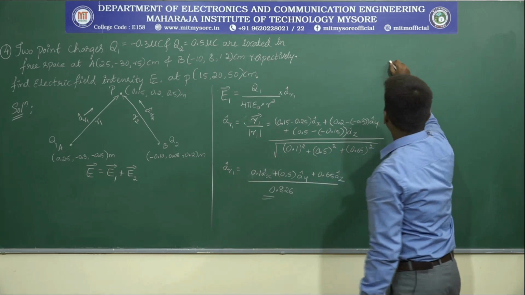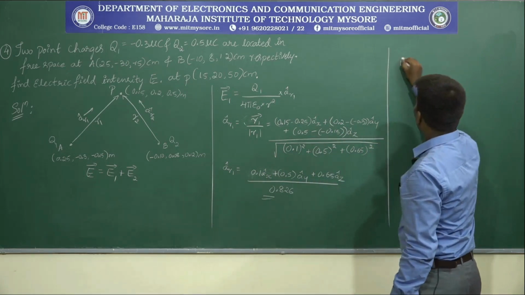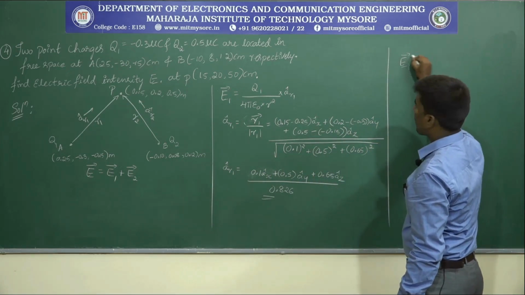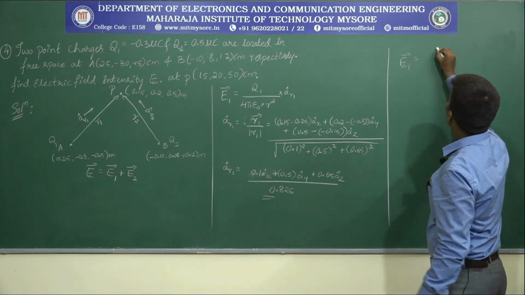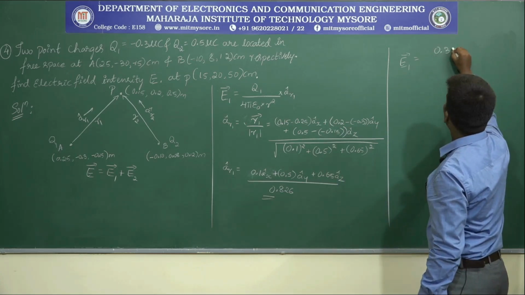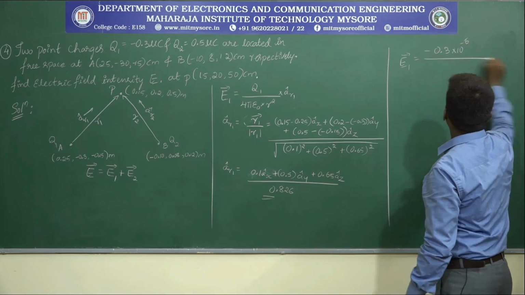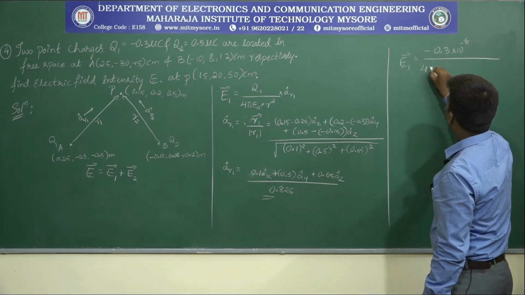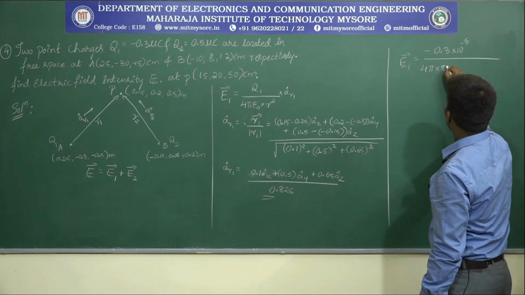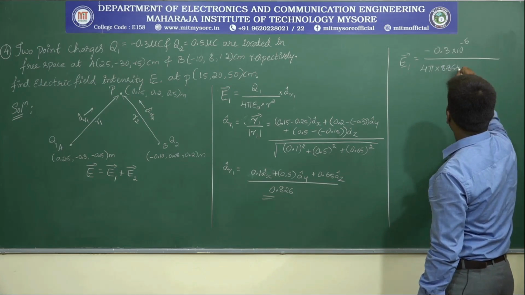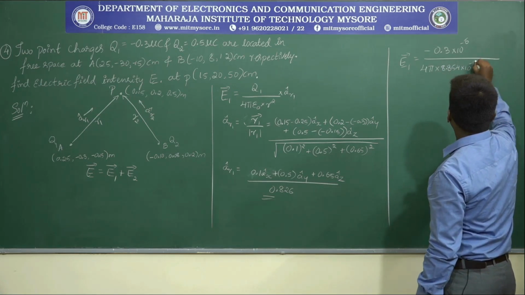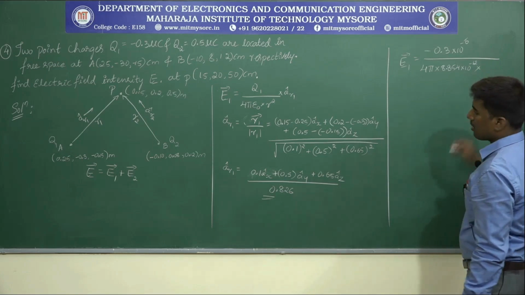Then substituting for E1, what is the value of Q1? 0.3 micro, 10 power minus 6 coulomb, divided by 4 pi into epsilon naught, 8.854 into 10 power minus 12, into R square.